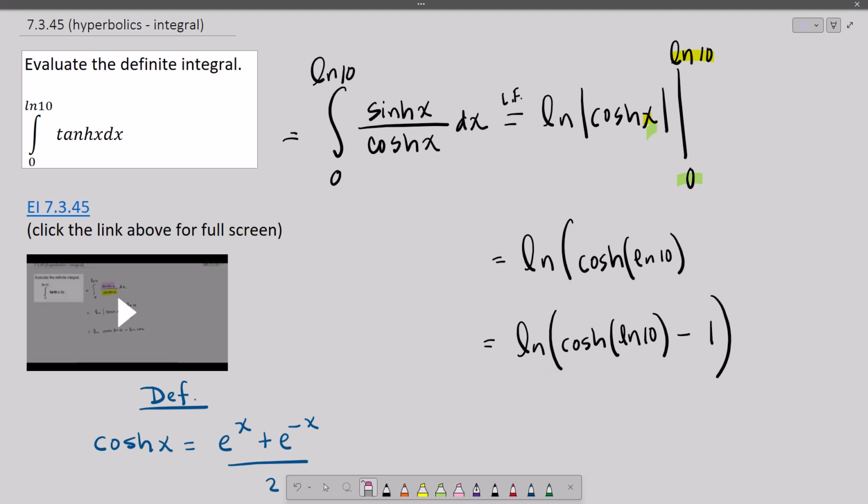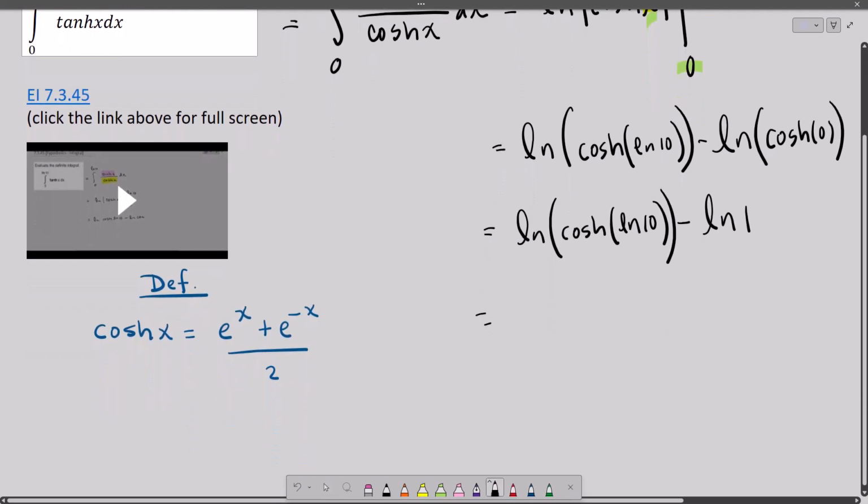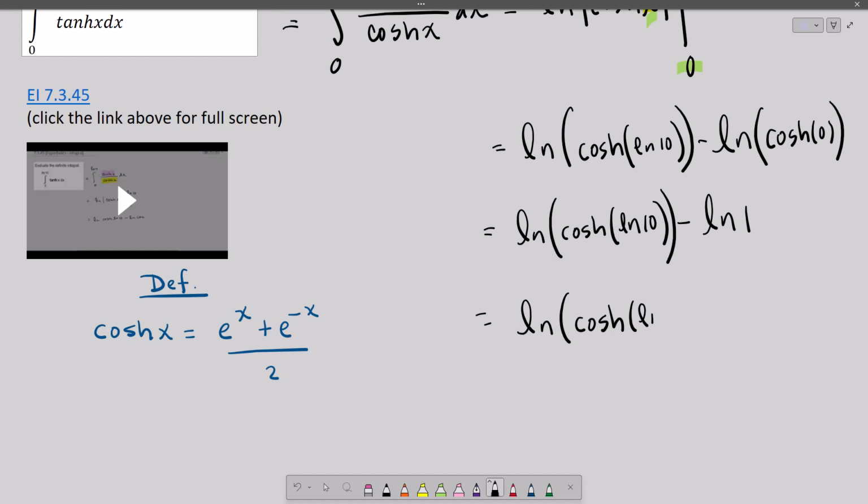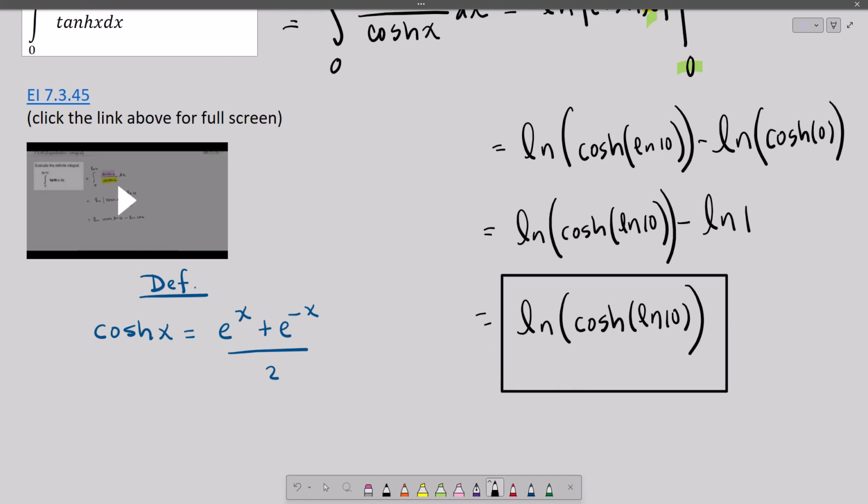So then it's minus natural log of cosh of 0. Nice, thank you very much. Okay, so it's that. And then cosh of 0 is 1. And what's natural log of 1? 0. Yeah, so this should be our correct answer if we don't go ahead and do that piece. Nice catch.